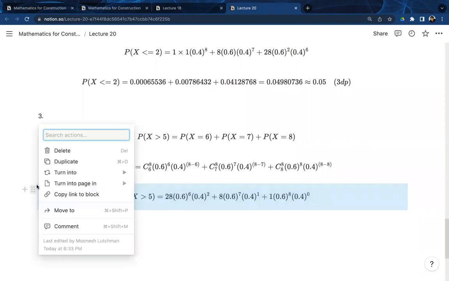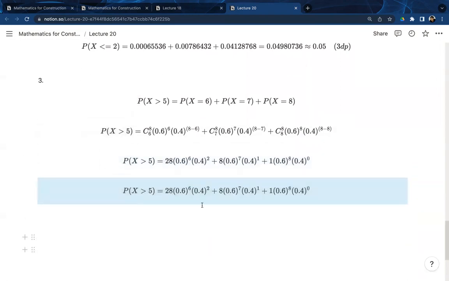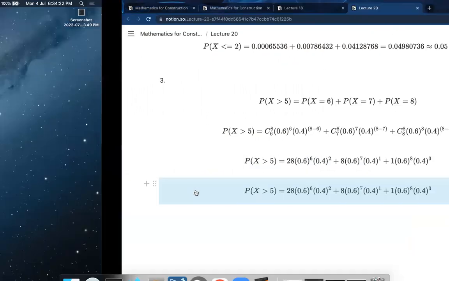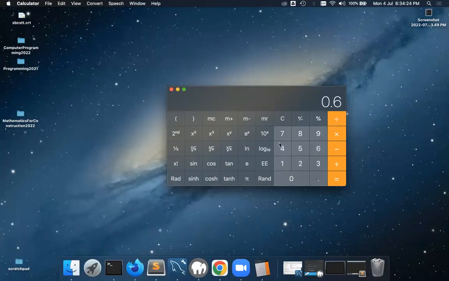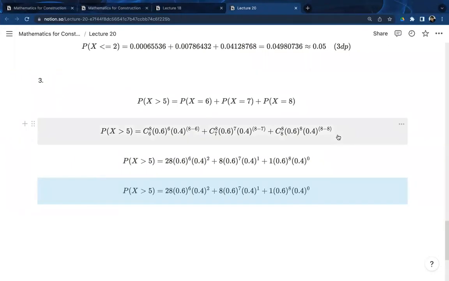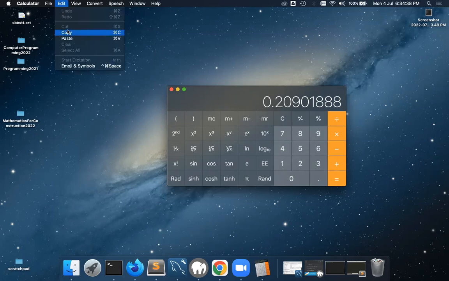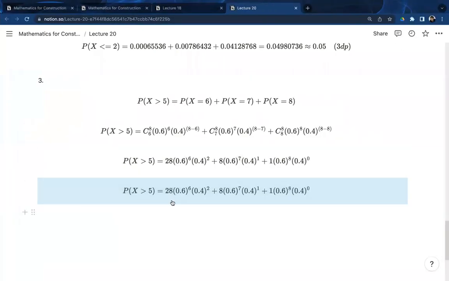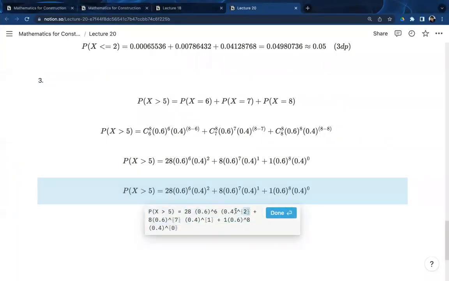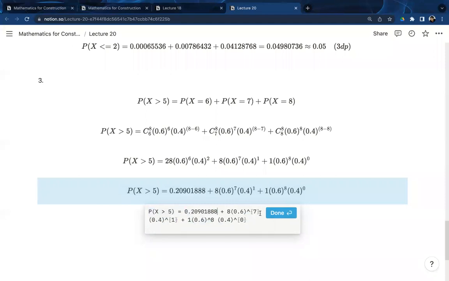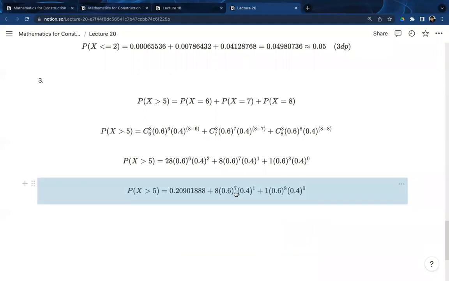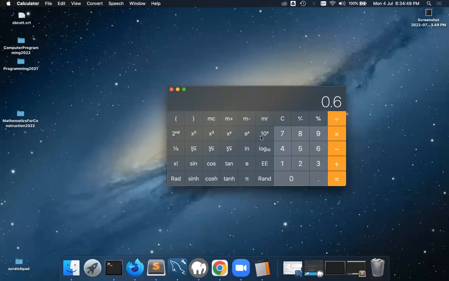So then it's just find these now. And 0.6 to the power 6 multiplied by 0.4 squared, multiplied by 28. Then this is 0.6 to the power 7, multiplied by 8 and 0.4.